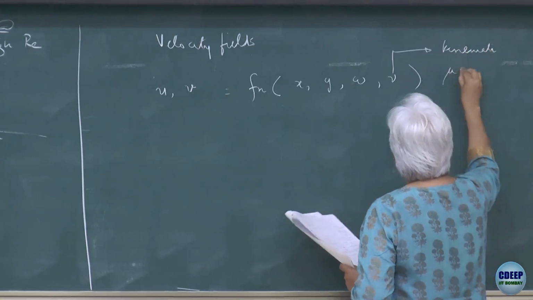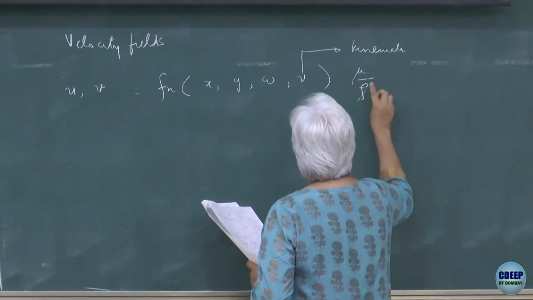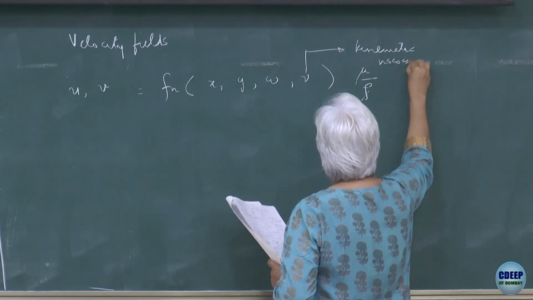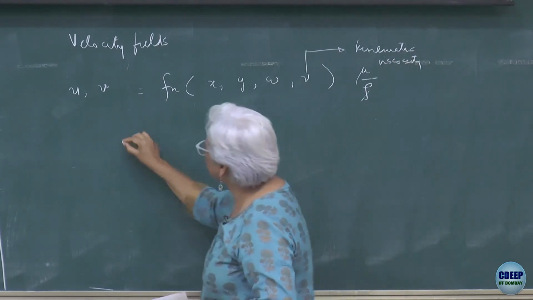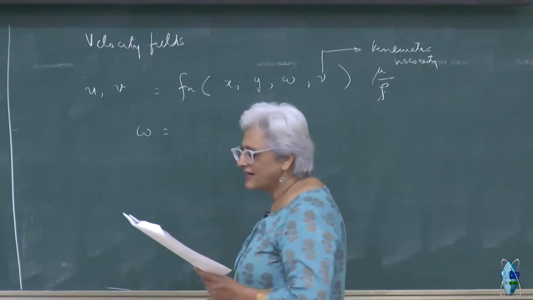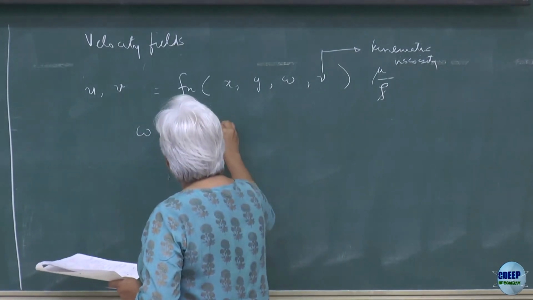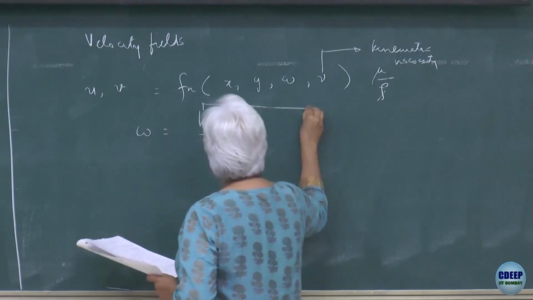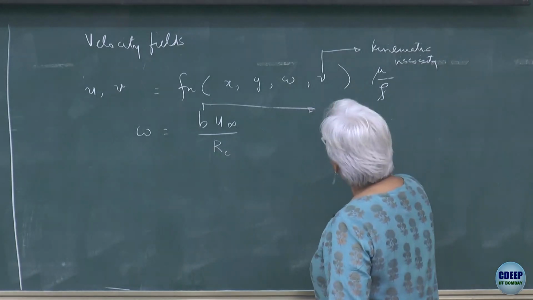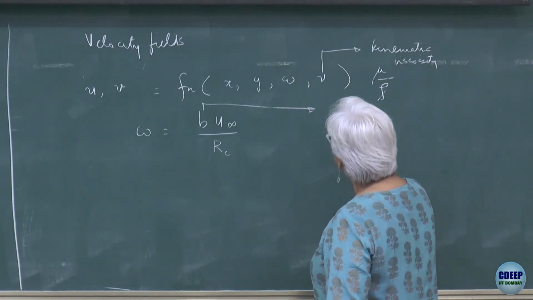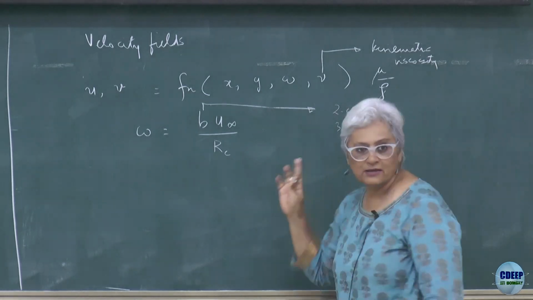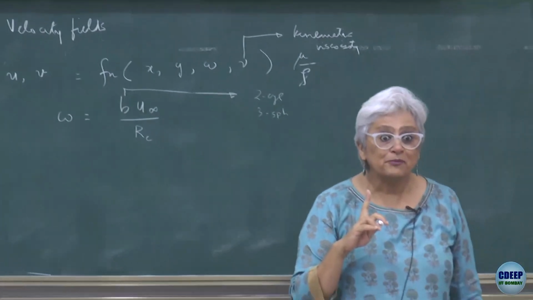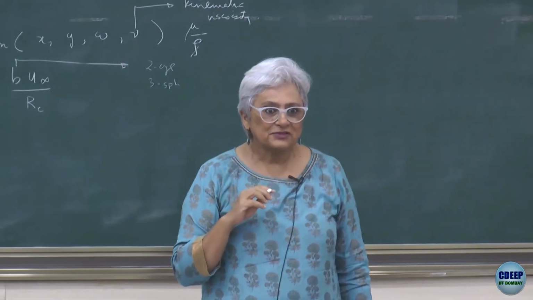So this is equal to mu by rho. And what is this omega? This omega is b u infinity by R_C. And you recall that this body parameter was 2 for a cylinder, 3 for a sphere, the same body parameter that we had invoked when we had talked about Stokes number and critical Stokes number, right.